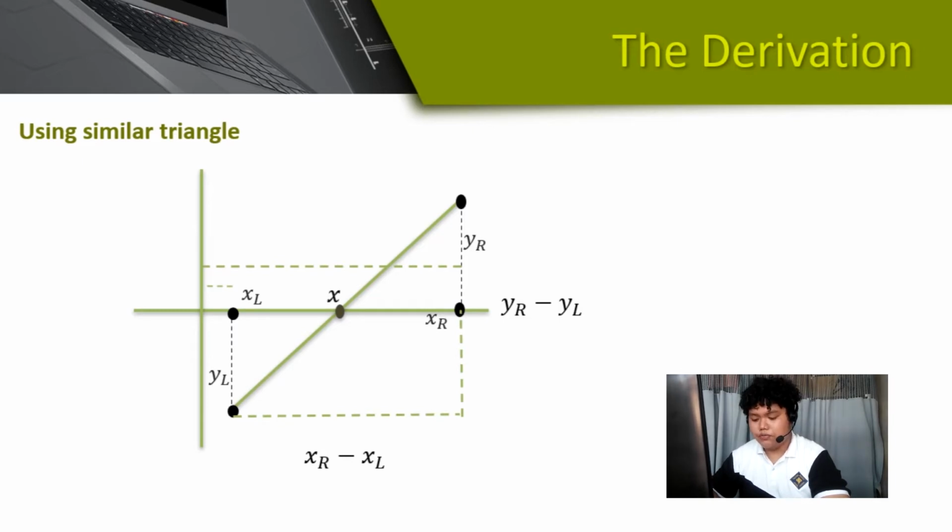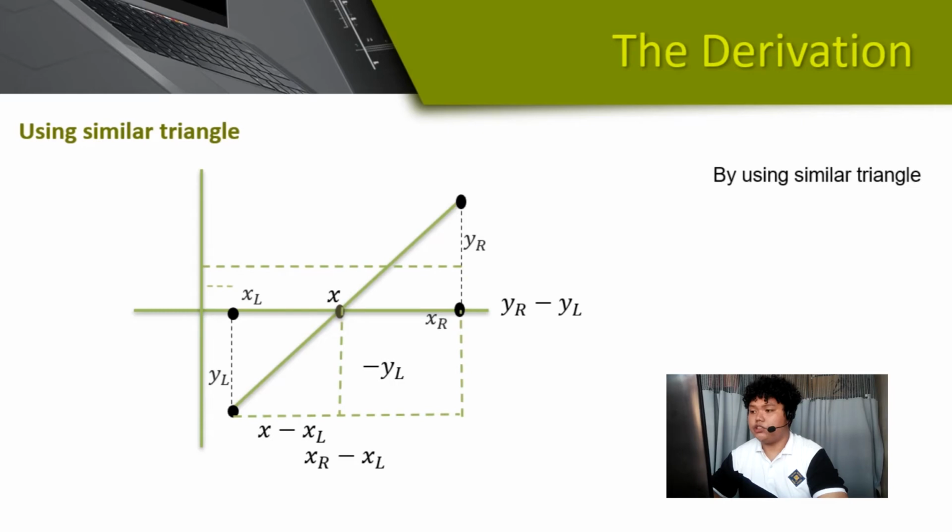Since we need the value of x, we will put a smaller line here, creating a small triangle. The height of our small triangle equals yl, and the base of the smaller triangle equals x minus xl.